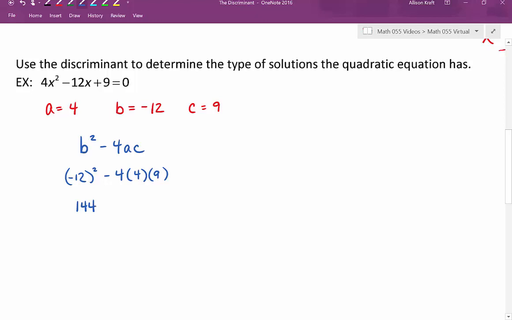And then negative 4 times positive 4 times 9 is minus 144. 144 minus 144 equals 0. So our discriminant is equal to 0. Therefore, we're going to have one real solution.